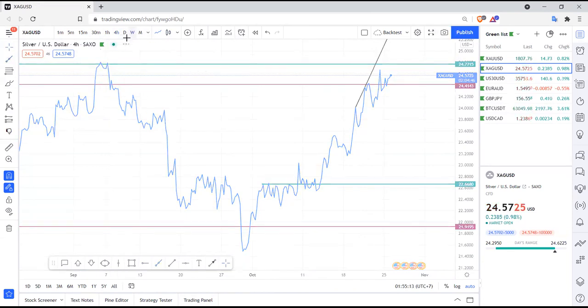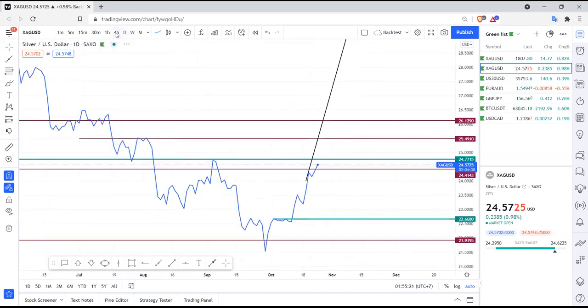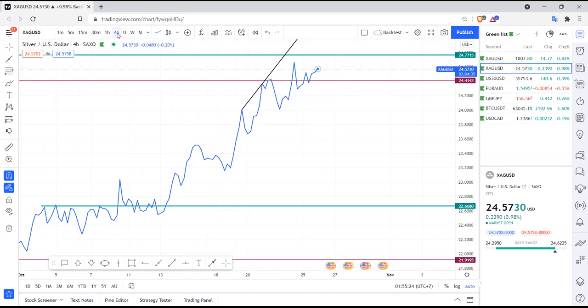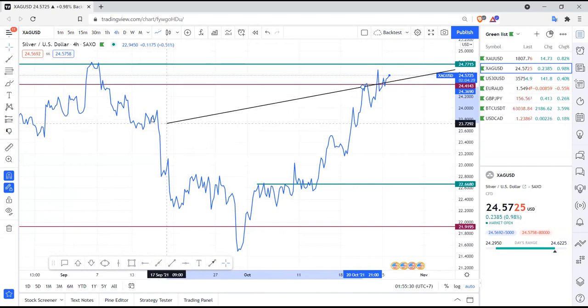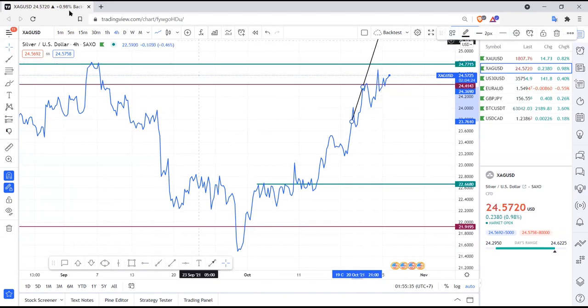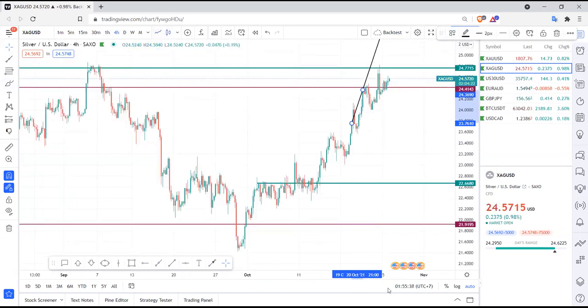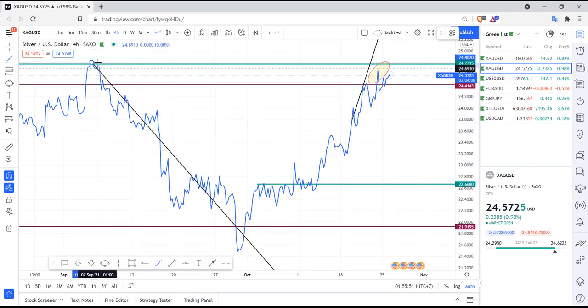H4, daily, weekly. Wait here. I forgot which trend line for the rejection. Double H4?